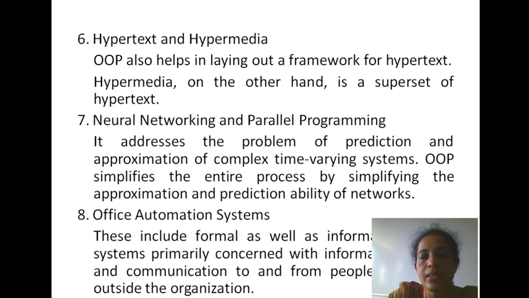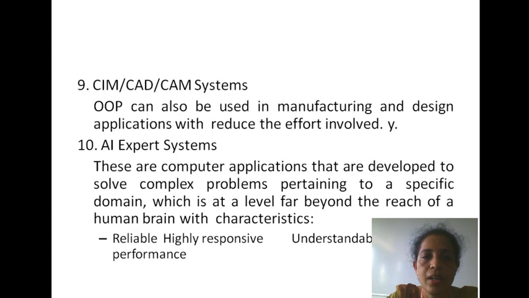And to create an office automation system or to access data from an office automation system, we can use object-oriented programming. In applications of CIM, CAD, CAM, where we have to access the X and Y values, we can use object-oriented programming.